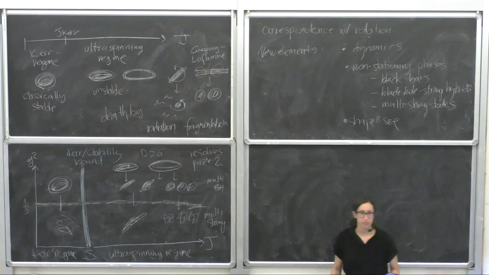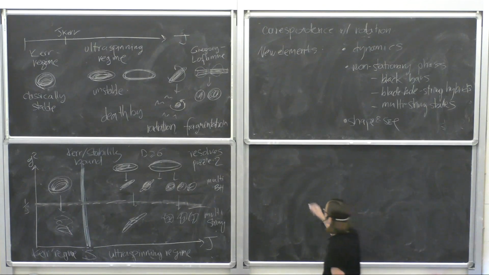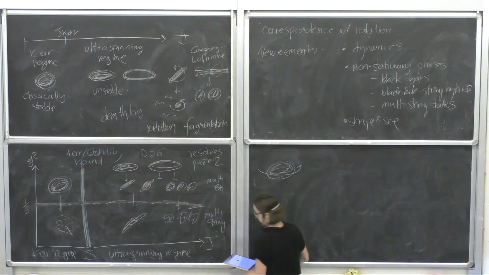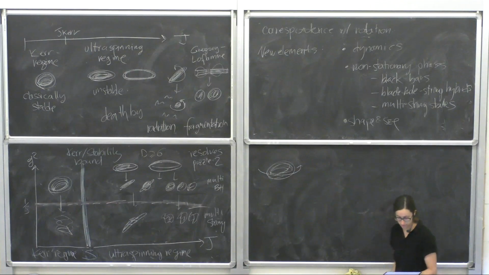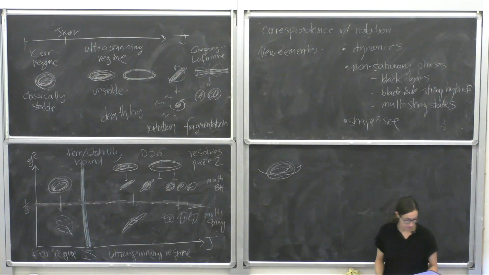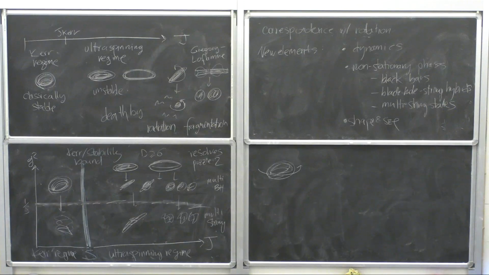So again, we said before, what happens when I spin up a black hole? It pancakes, right? It gets squeezed a little bit. And so the centrifugal effect here counteracts the gravitational attraction.